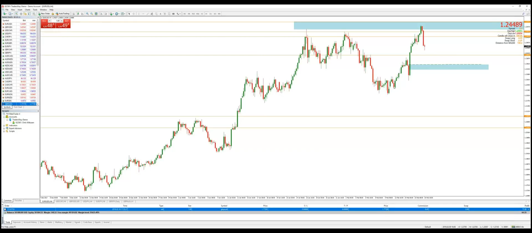And it has all to do with order blocks that exist at these levels. And we have a breakthrough of this area here. So we closed, just to show, we closed below this level here.